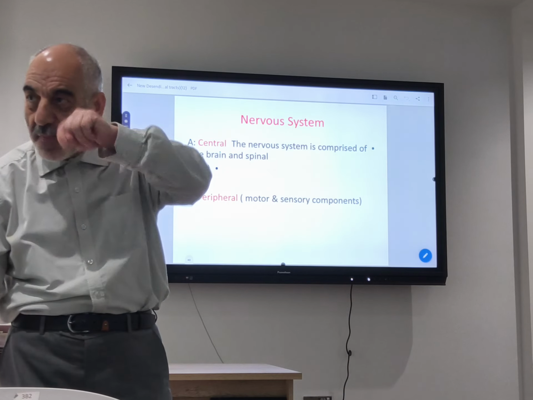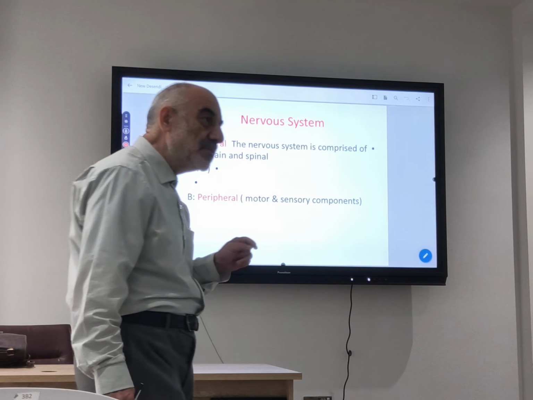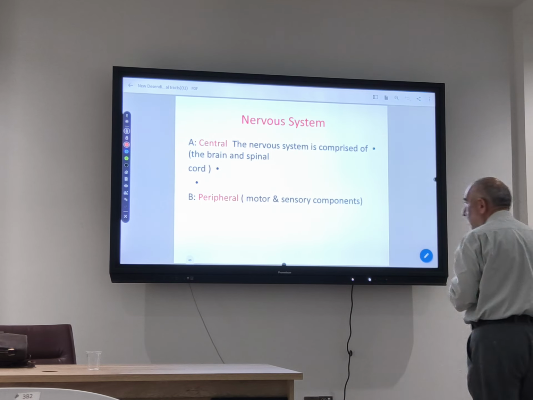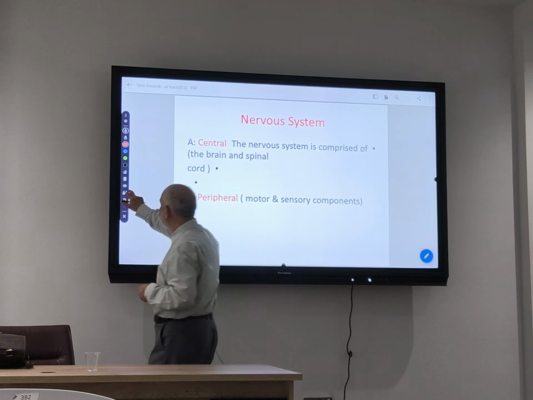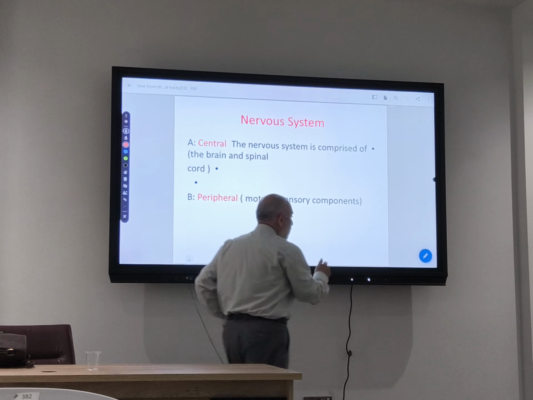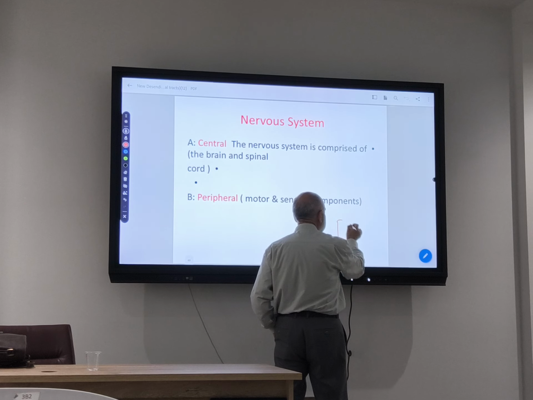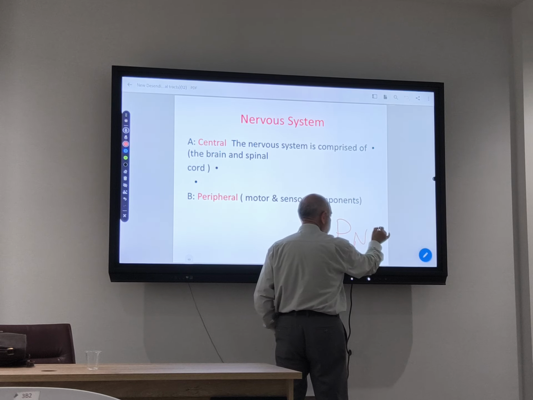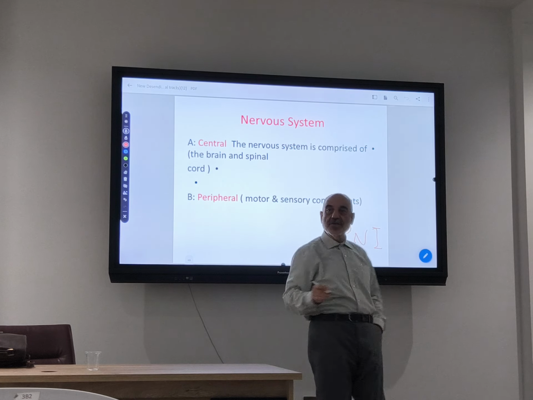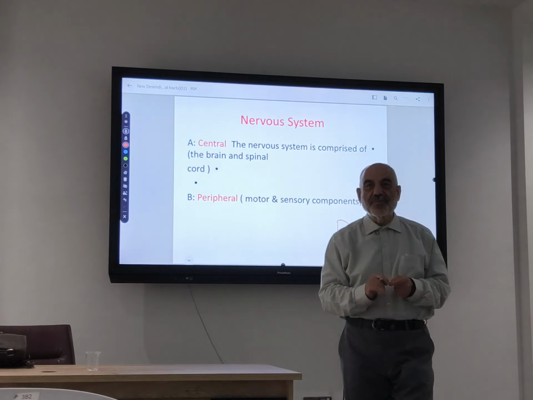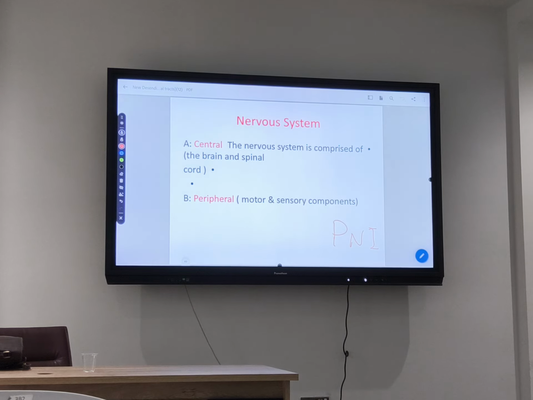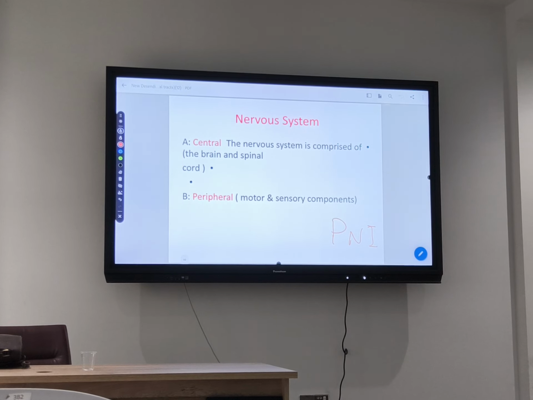In the physiotherapy clinic, sometimes you have some peripheral nerve injury. I will talk about it, maybe if I have time, at the end sessions, maybe next week. A lot of physiotherapy cases are peripheral nerve injury, such as median, ulnar, radial.